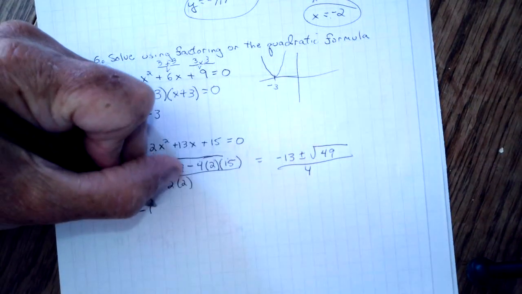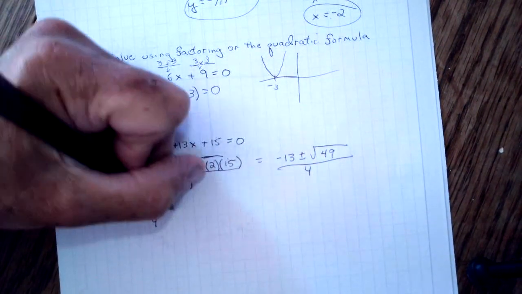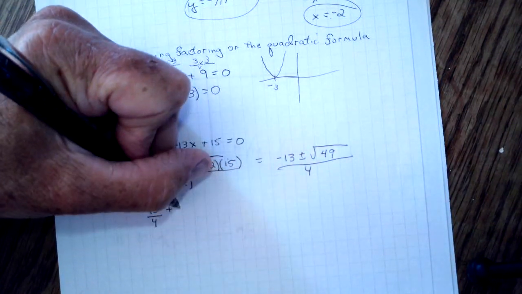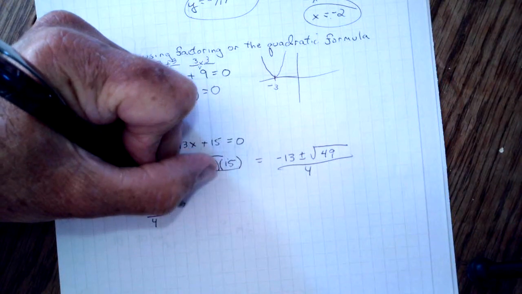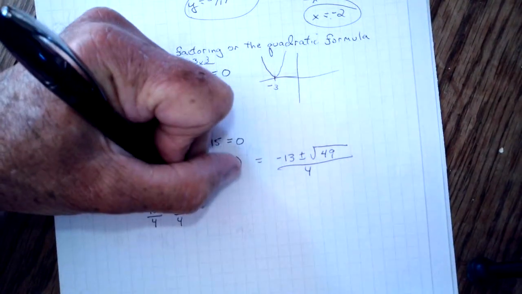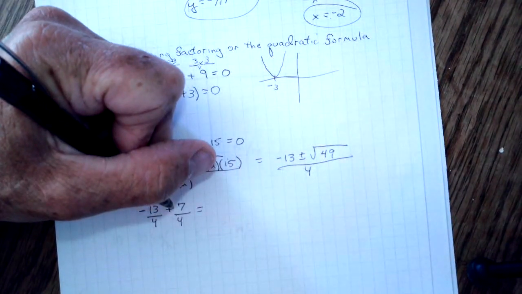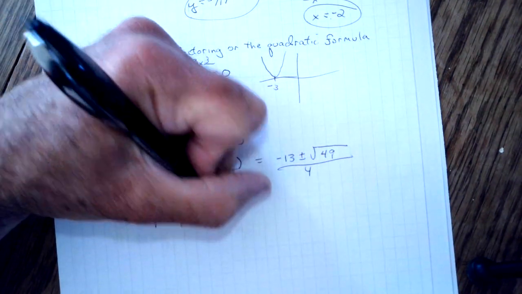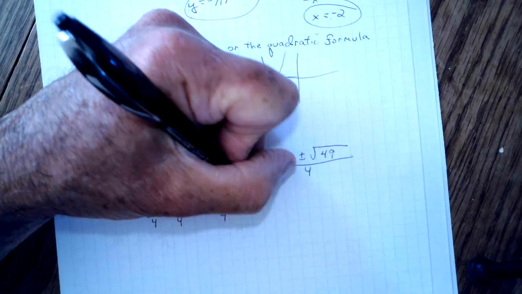So negative 13 over 4 plus square root of 49 is 7 over 4. So that is negative 13 plus 7, which is negative 6/4 or negative 3/2.